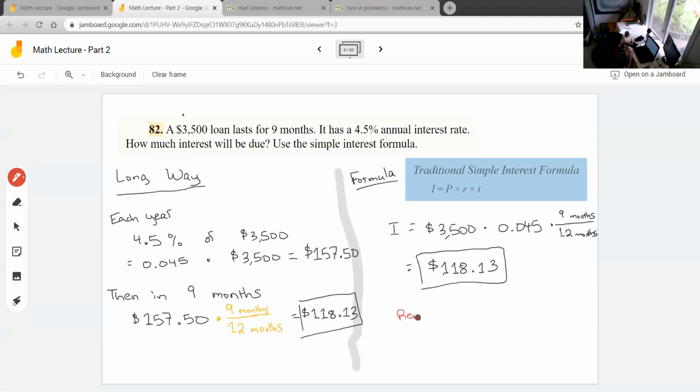So remember that the R, the rate, needs to be in decimal form, and the T needs to be in years. Questions about 82?